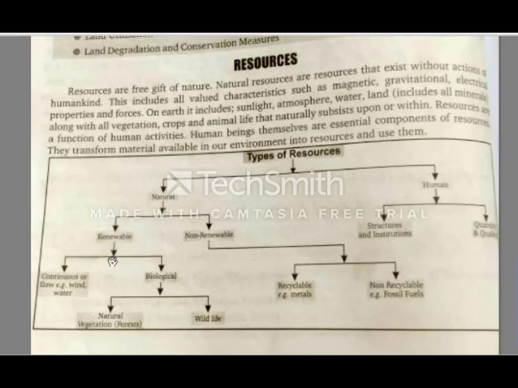Then renewable: continuous or flow, for example wind, water, and biological, natural and wildlife. And non-renewable is divided into two parts: recycle and non-recycle. Now we will see the next page.